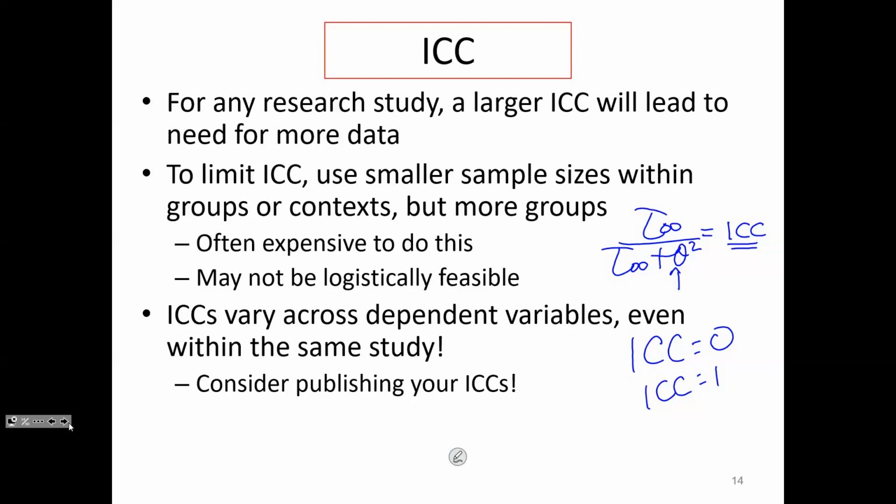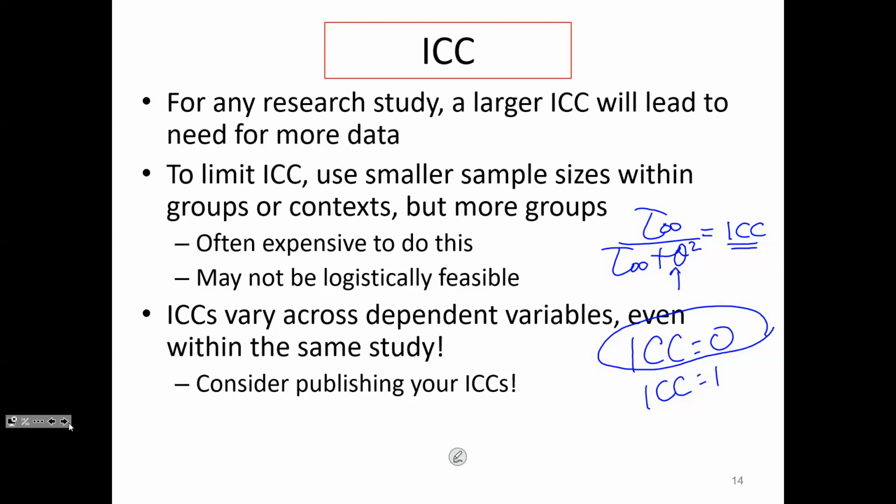Well, in regular old stats, when we make the assumption of independence, we're making the assumption that the ICC is 0. But the ICC in a multi-level model isn't 0. It's also not 1. It's somewhere between, luckily. I mean, that would be dumb, right? Because when the ICC is 1, you don't need a multi-level model, you could just get rid of the lower level and analyze things on level 2.